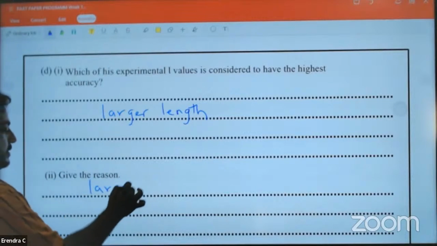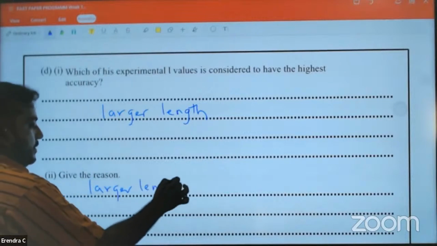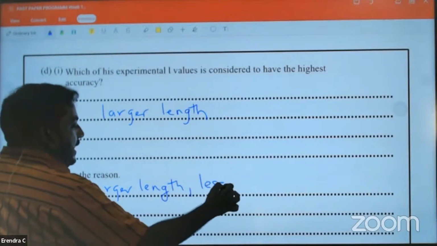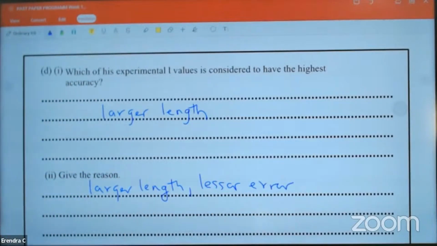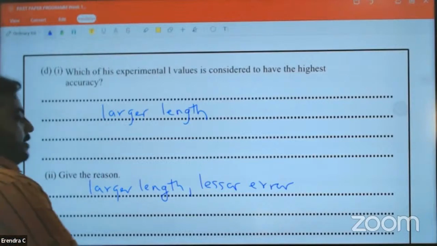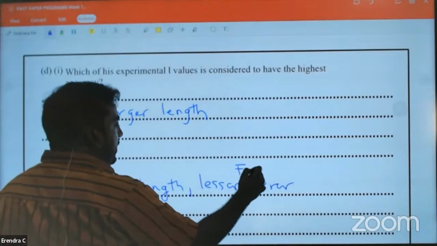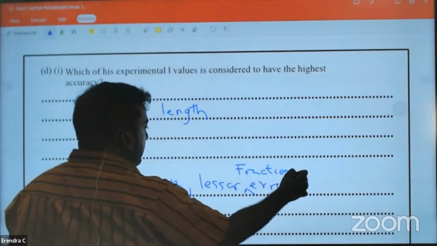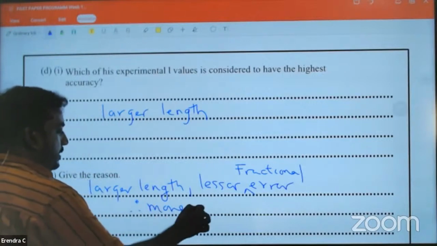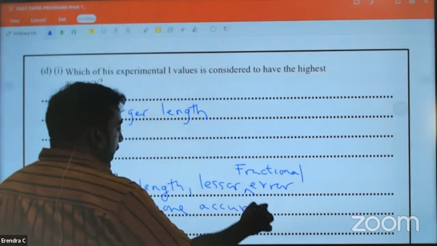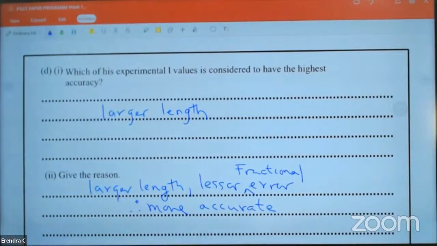Larger length, lesser fractional error, therefore more accurate.